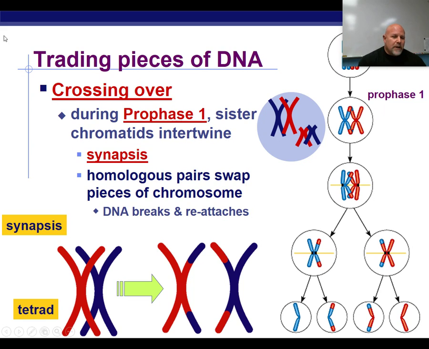The second part of this process is crossing over. Crossing over is going to mix up the genes on the chromosomes. So it's going to take genes from my mom chromosome and mix them with genes from my dad's chromosomes. So this process is going to significantly increase the amount of variation to an astronomical amount.